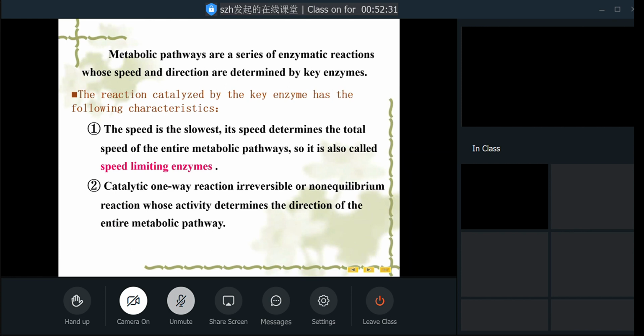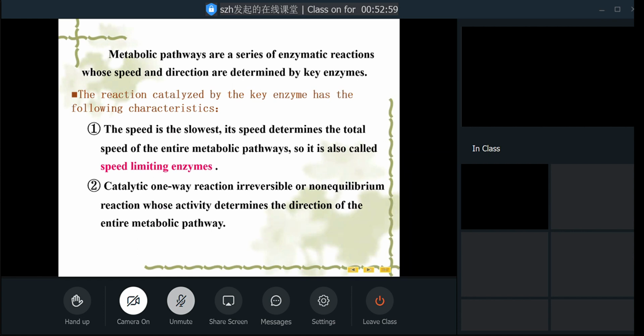And another one: it catalyzes a one-way, irreversible, non-equilibrium reaction, whose activity determines the direction of the entire metabolic pathway. This is the key enzyme.